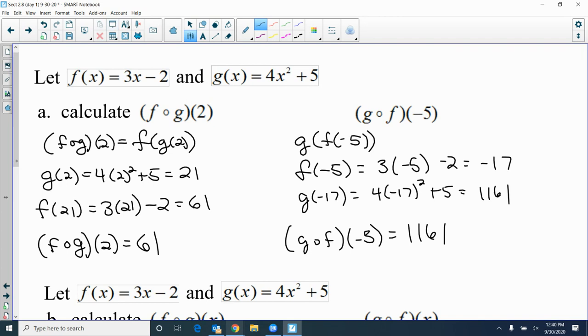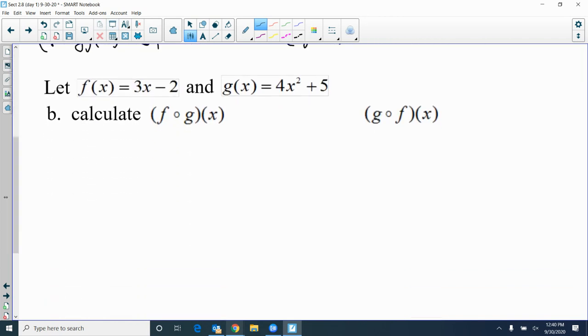Hopefully you got a little bit of room here. This is the B part. Now it just says f of g of x. No number there. Then we're going to do g of f of x. However you need to spread it out, hopefully you can get it in up there. All right, f of g of x.